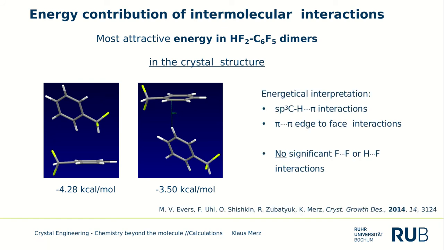That means if we look exactly, this uses the sp3 CH bond in the direction of the backbone, and here the CH bond in the direction of the backbone. This is a typical T-shape, with a CH in the direction of the backbone. These are the dominating interactions. You see there are no significant fluorine or hydrogen-fluorine interactions.